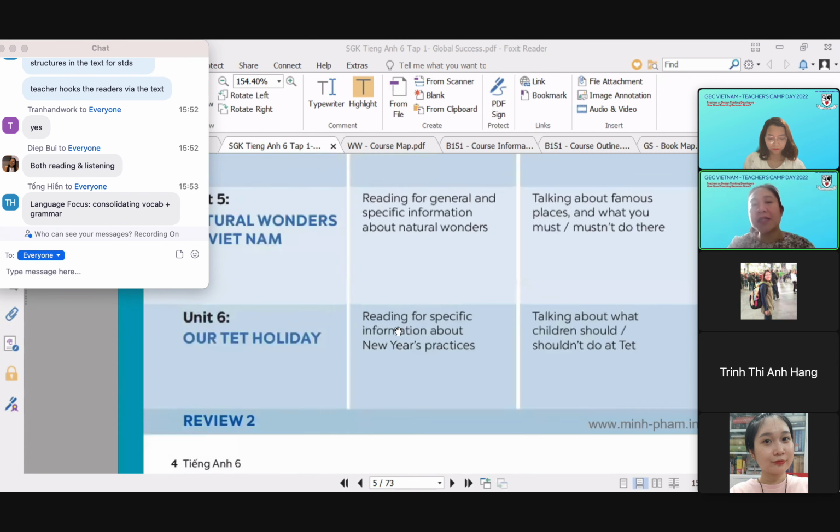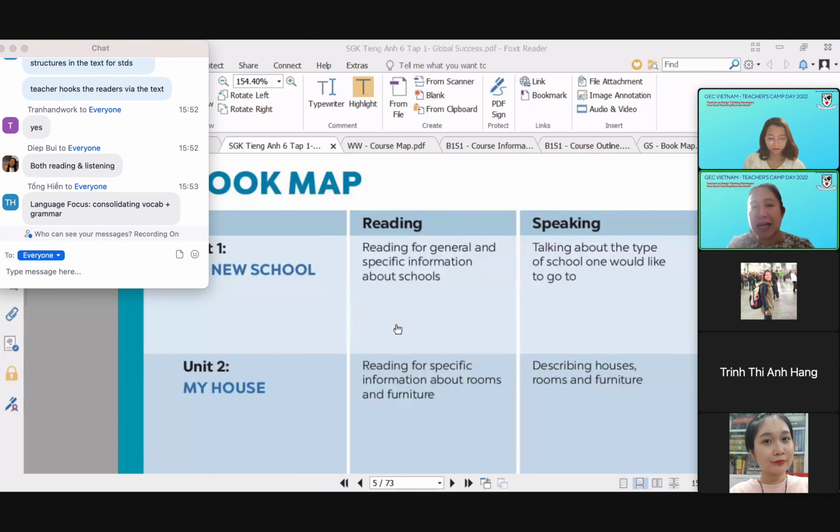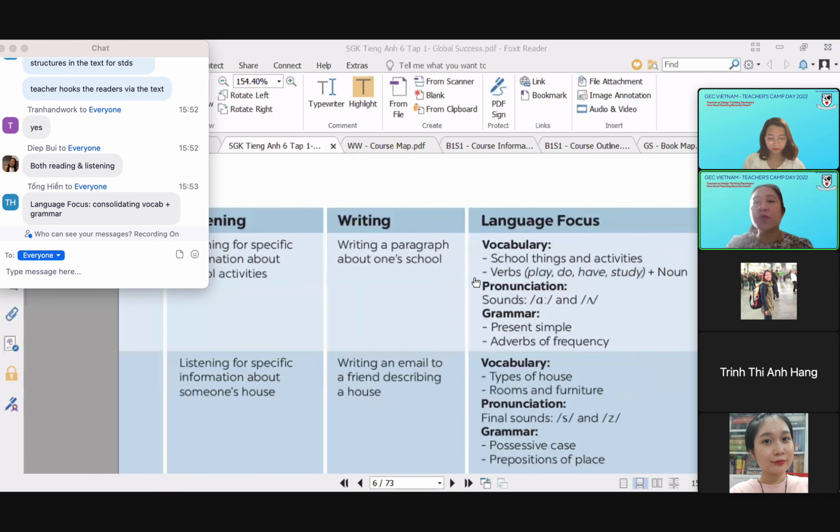Task-based means that students are engaged in tasks of reading, writing, speaking, to acquire knowledge, to acquire proficiency, okay? And then all the knowledge here, all the language areas here are summarized in the language focus.